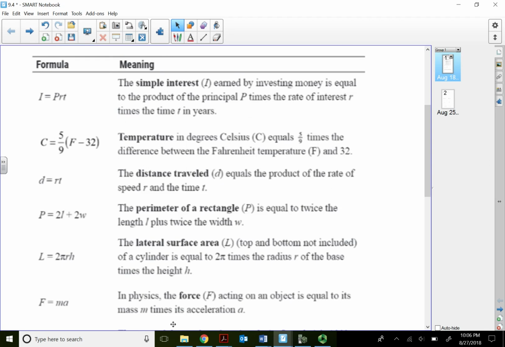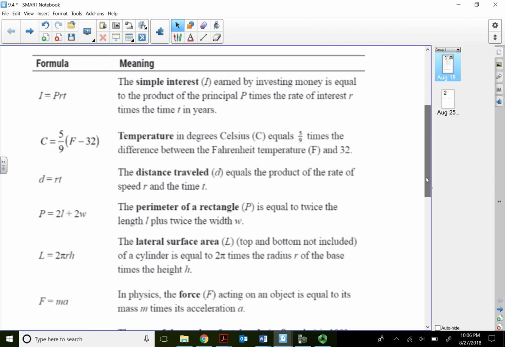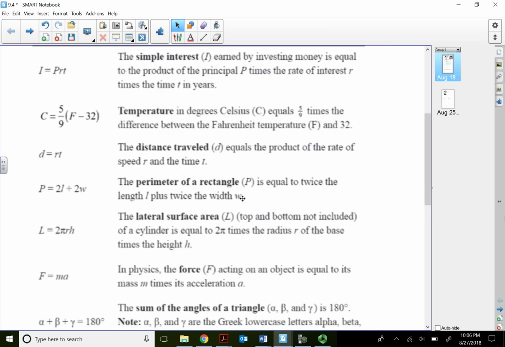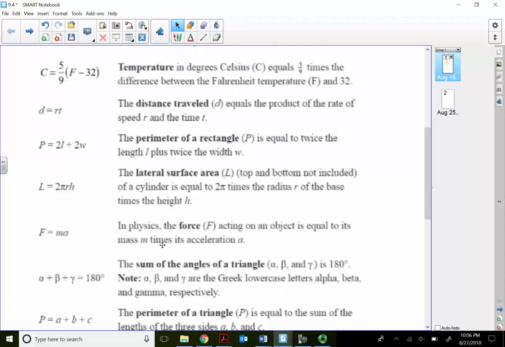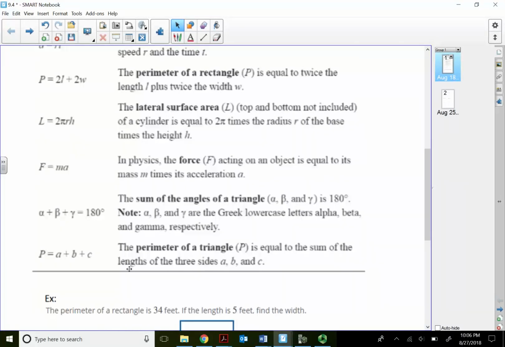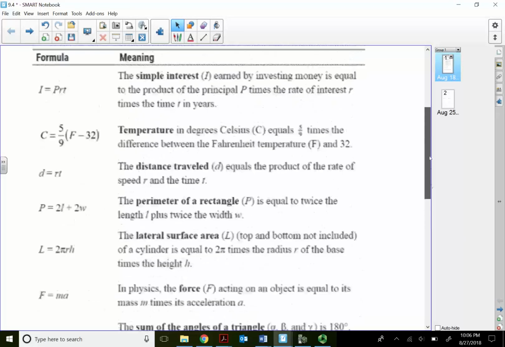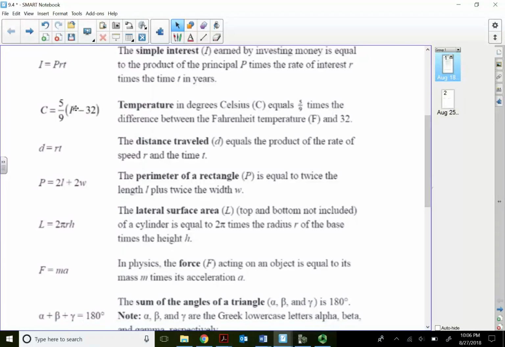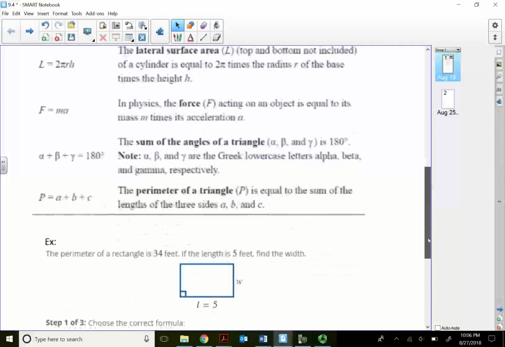If you look at your lecture handouts, we have a simple interest formula, temperature formula, distance formula as well, perimeter of a rectangle, lateral surface area, the force, sum of the angles of a triangle, which simply means three angles together equal 180, and the perimeter of a triangle. These are just some examples of formulas that we are going to see throughout this class. Maybe some of them you've already seen before in other courses.